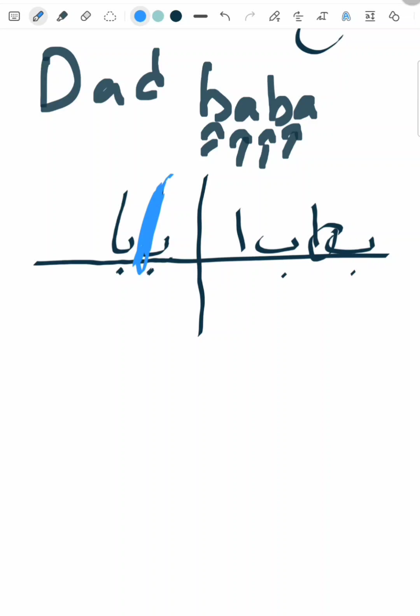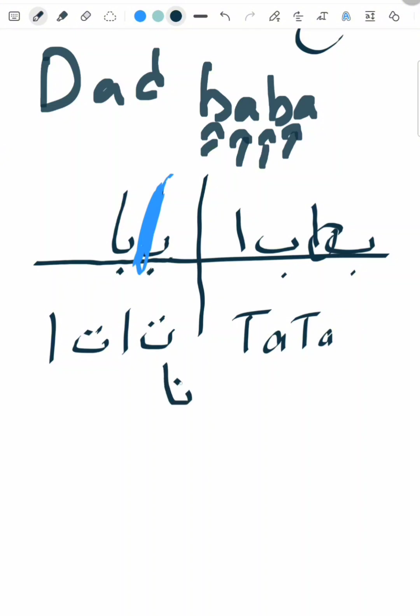B. Okay? Same thing if you said Tata. I think it's an Indian word, but anyway. Tata, which is Ta. Looks like an angry eyes. So when you blend it in, it looked like this. Tata. You see it? Alright.